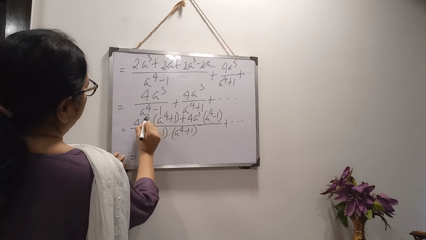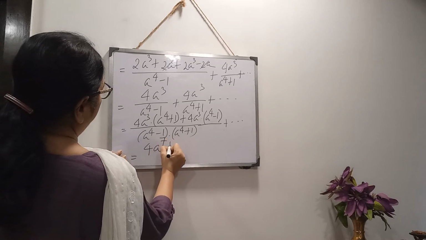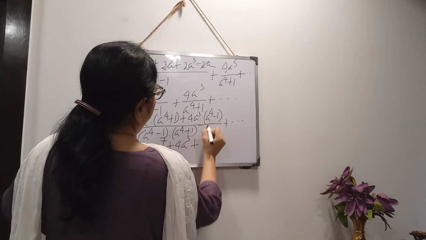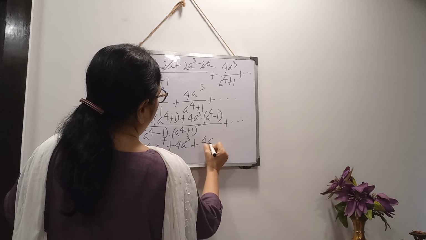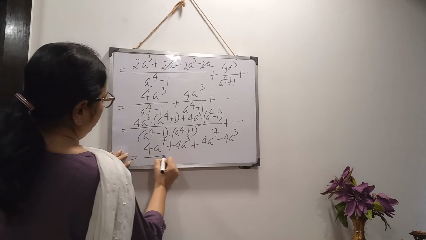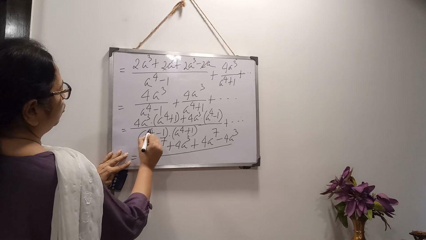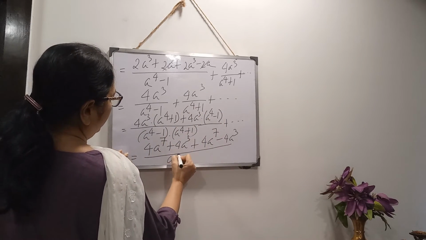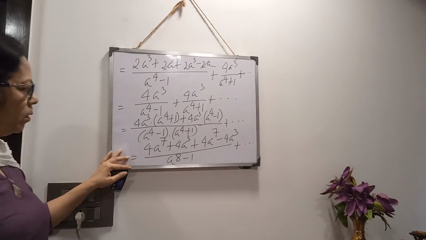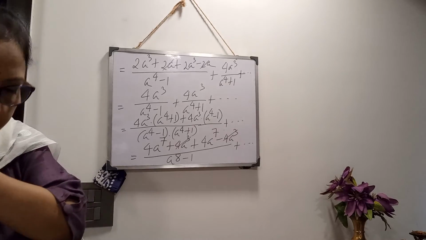You know, in case of multiplication, powers are added. So it is becoming 4a to the power 7 plus 4a cube. Here also 4a to the power 7 minus 4a cube. And denominator a square minus b square, so a to the power 4 whole square means a to the power 8 minus 1 plus last term. Okay. Now what is cancelling? 4a cube.